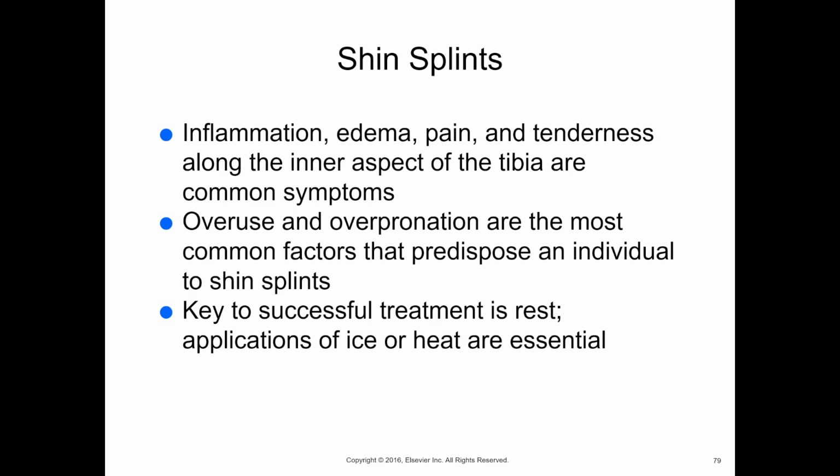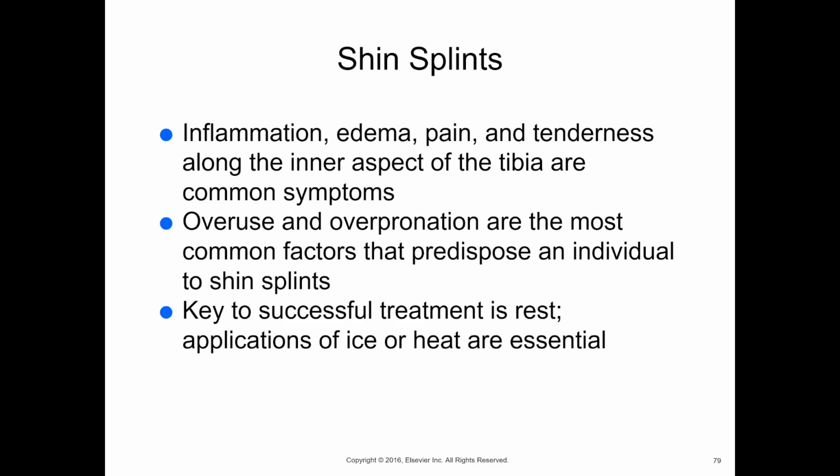Overuse injury for this is typically somebody who is a runner who has suddenly upped their miles a lot, or somebody doing high impact exercises and they don't normally do high impact exercises.